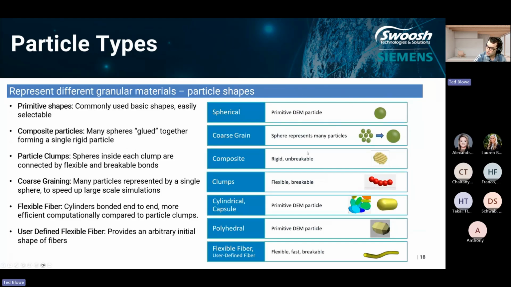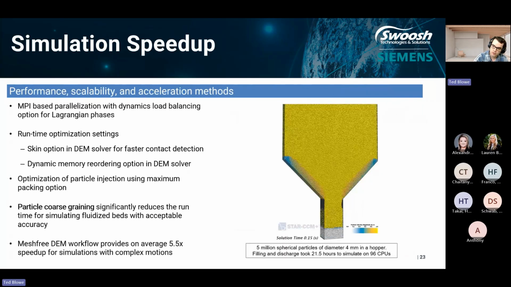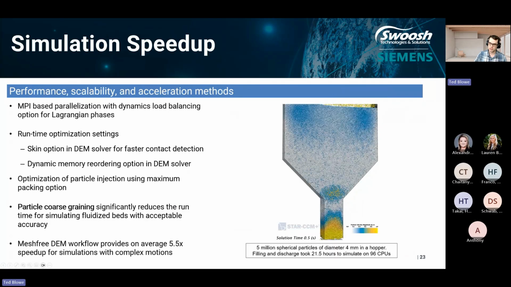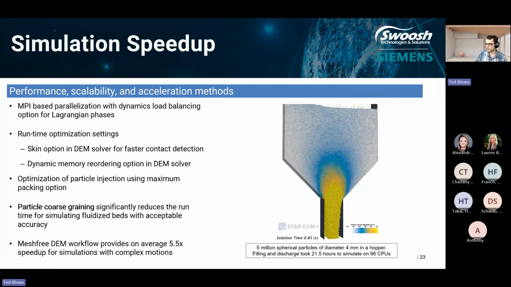The composite, the rigid unbreakable, is a coarse option for polyhedral. The coarse grain is a coarse option for spherical. Clumps could be a coarse option for fibers. So there are inherently different options for speeding up the simulation. This is a consideration, and they have kept this in mind when developing the DEM solution.